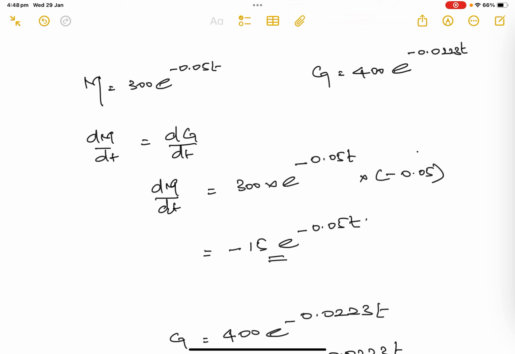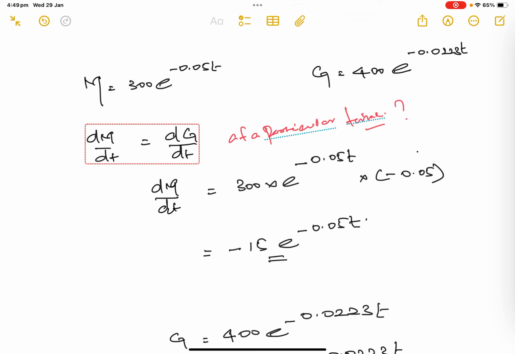So the differentiation of M with respect to t equals the differentiation of G with respect to t at a particular time. That time we have to find. Start with M: dM over dt of 300 e to the power of minus 0.05t.